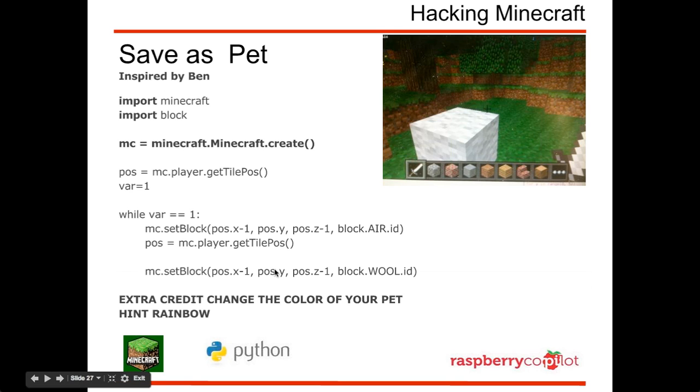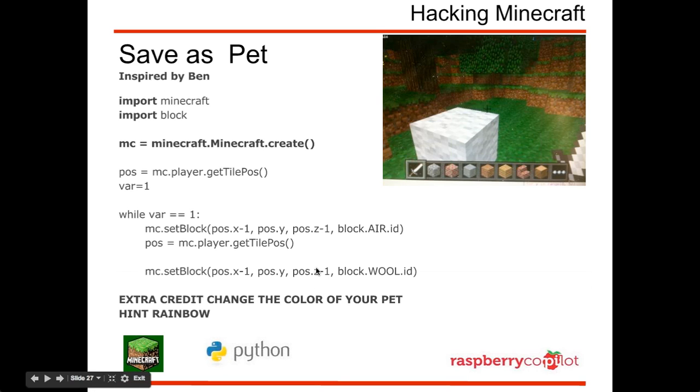Wherever the player is on the Y coordinate, that's where the block on the Y coordinate is going to be. And wherever the player is on the Z axis, put the block one behind the player. So this is subtracting 1 from the X value and the Z value. Like I said, going in the negative direction on the X axis is like moving the block to the left of the player, and the negative direction on the Z axis is like moving the block behind the player.